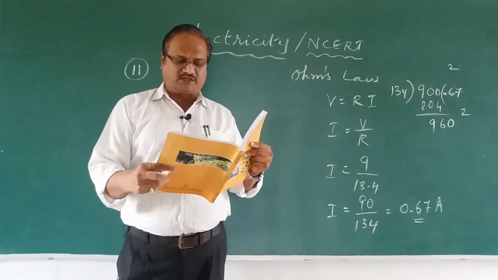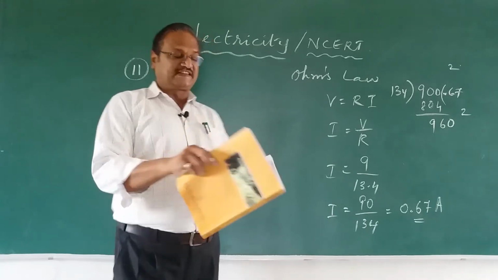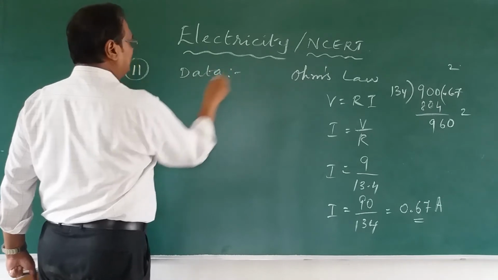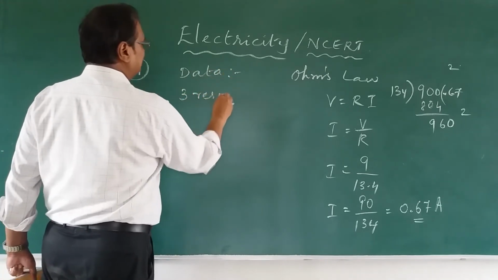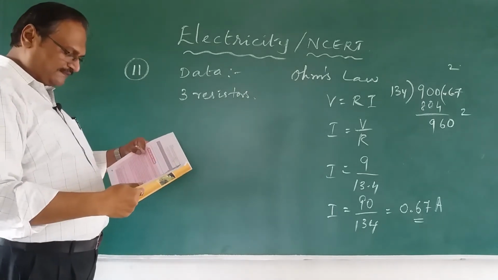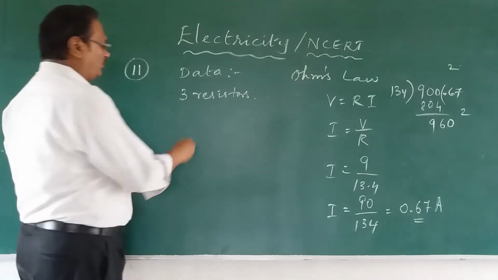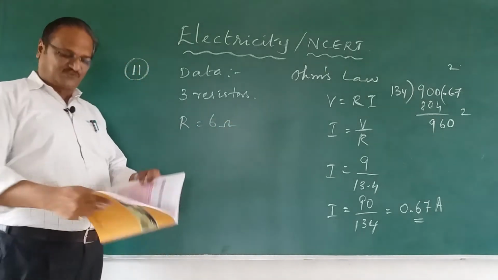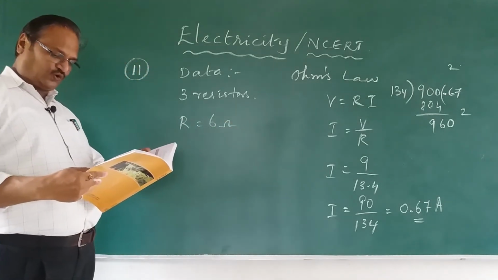Show how you would connect 3 resistors. Write it. Data. What is the data? 3 resistors. Fine. This is the first point. And second is, what is the resistance of each? 6 ohm. Each one is 6 ohm.